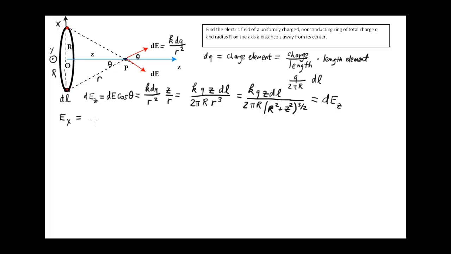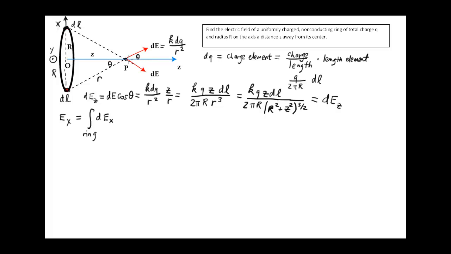So Ex will simply be the integral of dEx, integrated all the way around the ring. But the reason the sketch is drawn the way it is, is to show that if we look at the contribution from the length element dl at the bottom of the ring, we can compare it to the contribution for the length element dl at the top of the ring, up here.